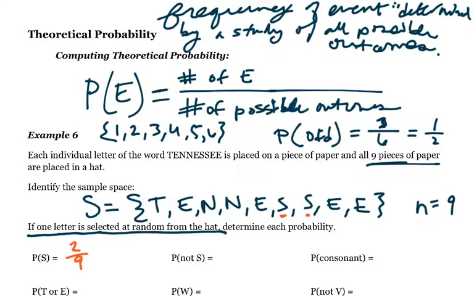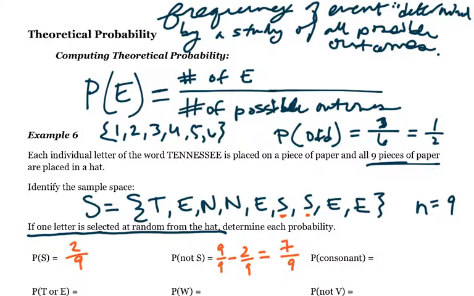The probability of not S would be 1 minus 2/9, or essentially how many other letters are there? 1 minus 2/9 is equal to 7/9. You could think of 1 and rewrite 1 as 9/9. Let me erase that so you can see it. So you could write 1 as 9/9, which is 100% happening, minus the 2/9 for S. And we get that not S would be 7/9 is our probability.